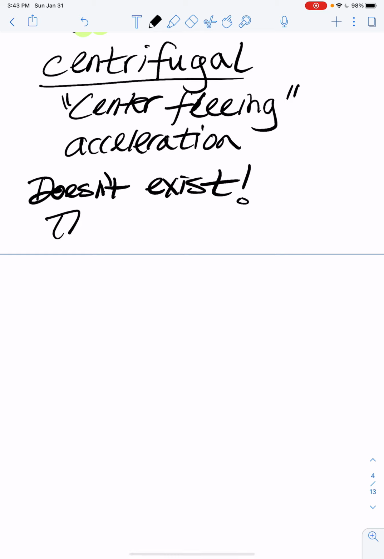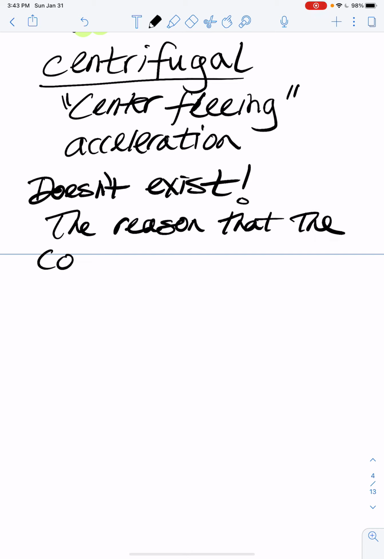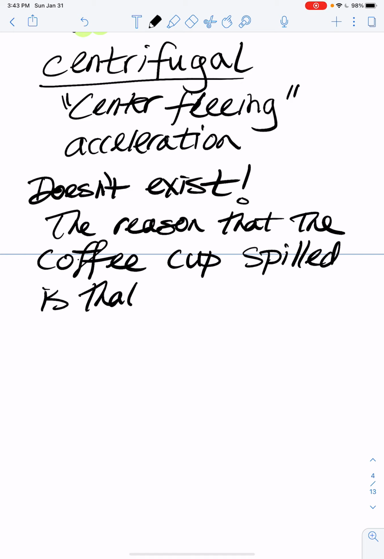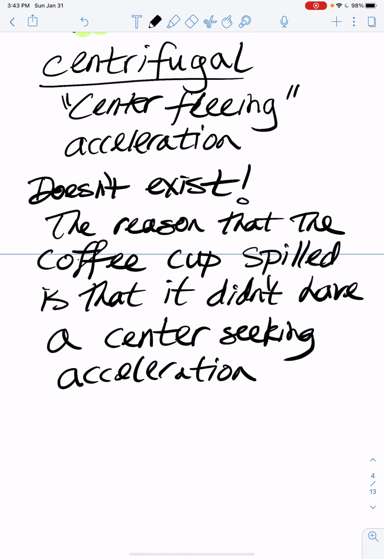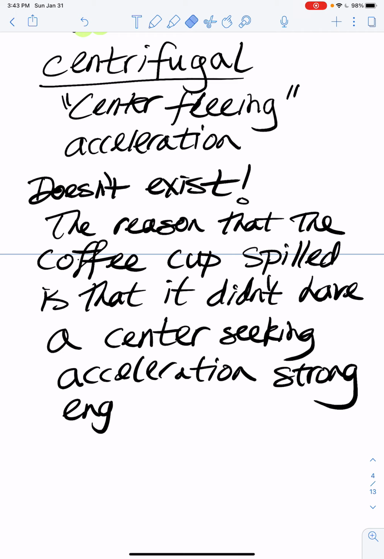The reason that the coffee cup spilled is that it didn't have a centripetal, a center-seeking acceleration strong enough to make the turn.